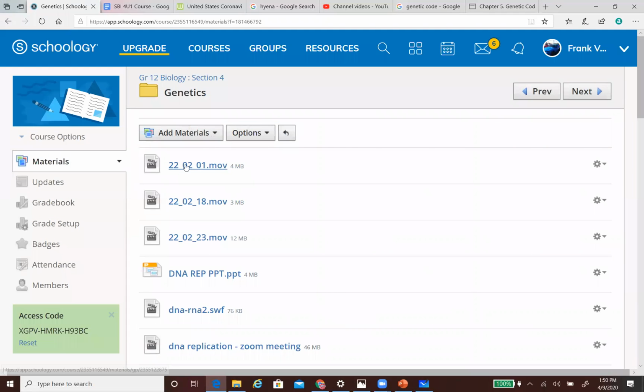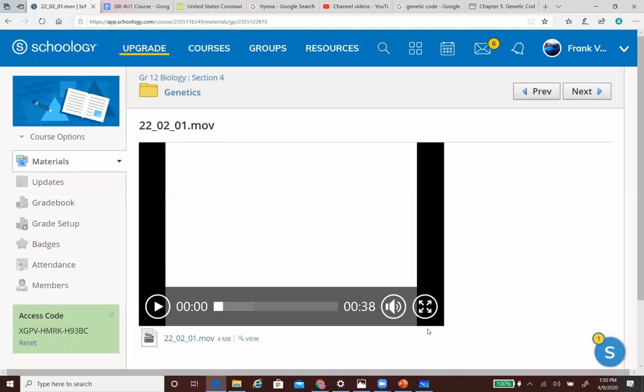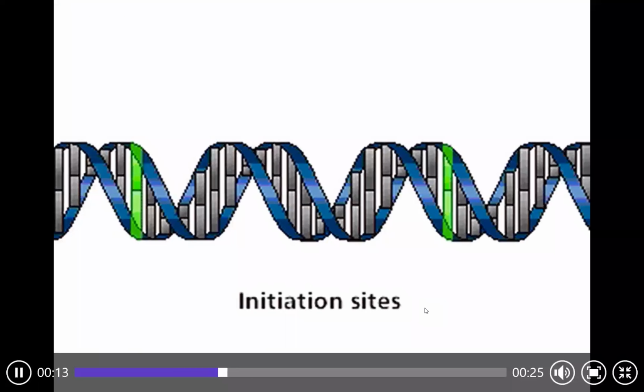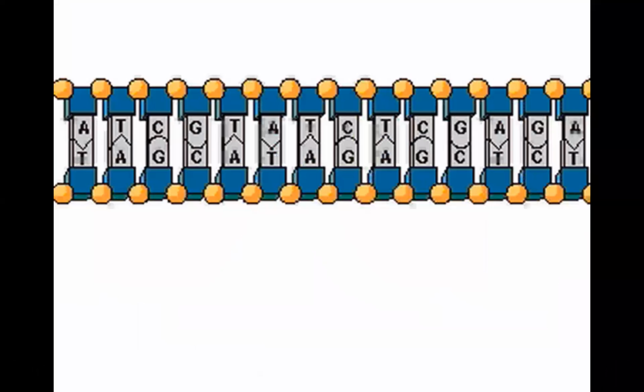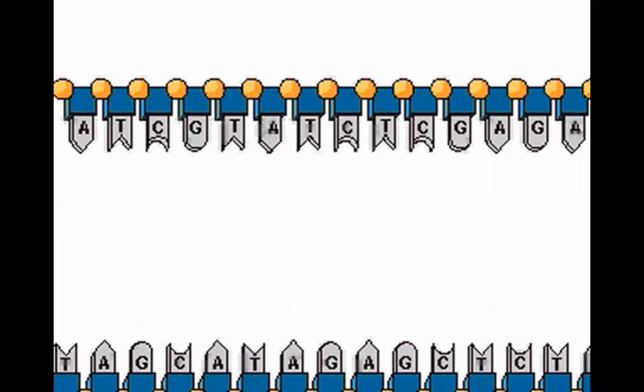Okay, so here's the first one. So this is replication. So you can see here's your double helix, right? And we know what has to happen. We know that the first thing that has to happen is we need to open it up, right? Because to be able to copy the DNA, it has to be opened up so we can expose the template strands, right?